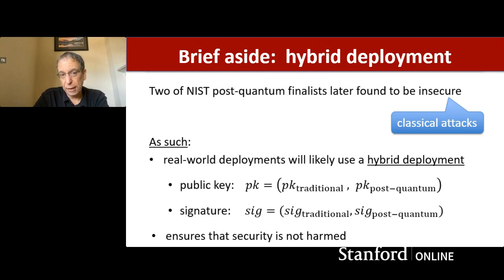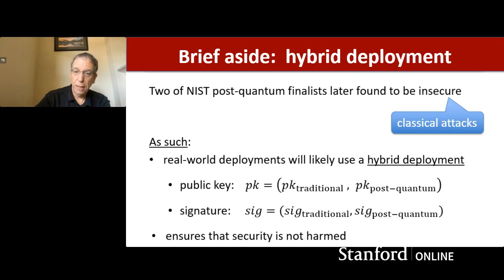It turned out that two of the NIST candidates for standardization turned out to be insecure, in fact insecure under a classical attack. It just shows how difficult it is to design new cryptographic systems. They went through the entire process, and two of the ones that survived almost to the very end later turned out to be insecure under a classical attack.